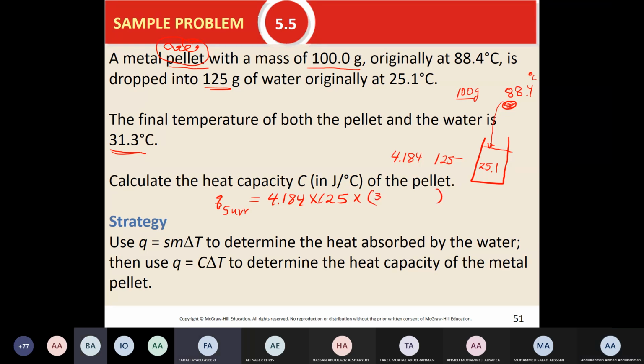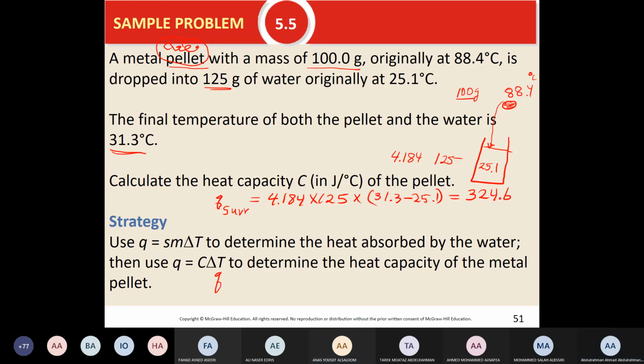No, wrong. The difference between them. 31.3 minus 25.1. Clear? Give me an answer. 3242.6. 324.6. Good.